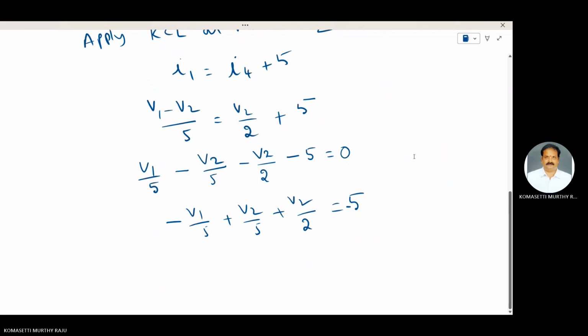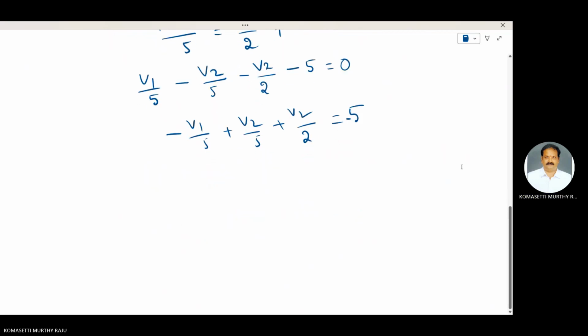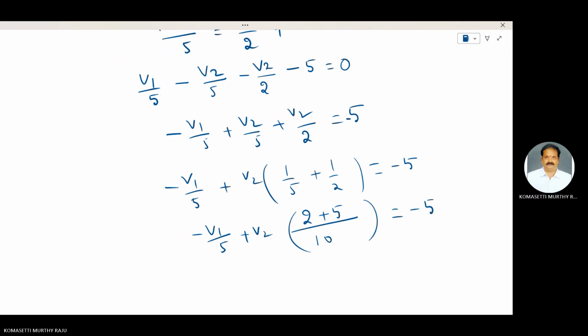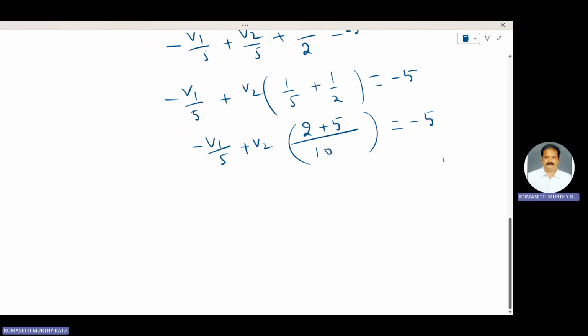Therefore, minus V1 by 5 plus V2 into (1 by 5 plus 1 by 2) is equal to minus 5. Minus V1 by 5 plus V2 into (2 plus 5) by 10 is equal to minus 5.